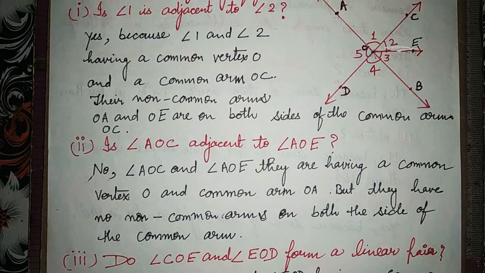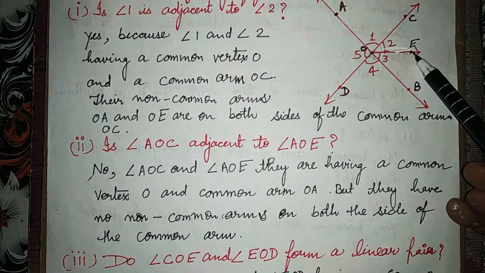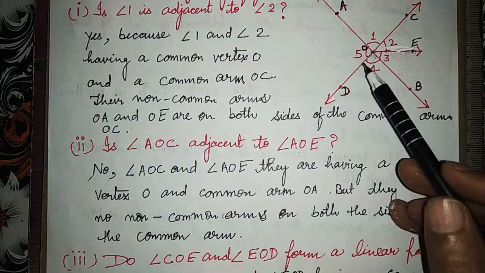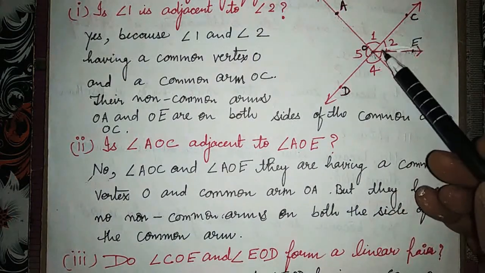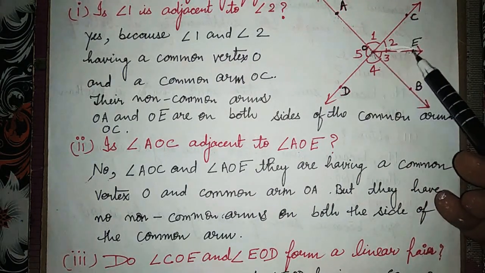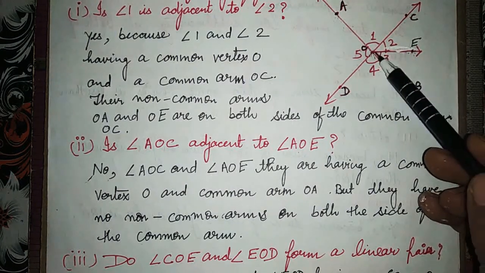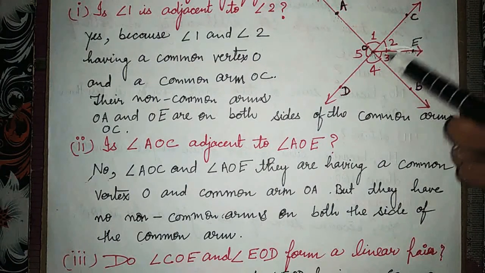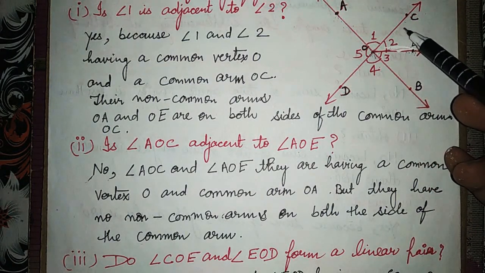So first you see angle COE and then you see angle EOD. Here you can see they both form a linear pair, angle COE and angle EOD. These two angles form a linear pair because CD is a straight line and they are formed on this straight line CD.